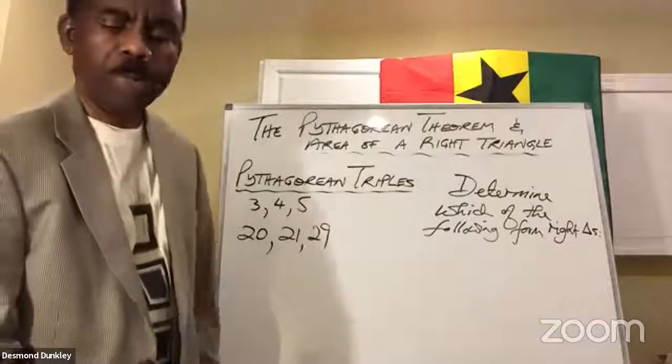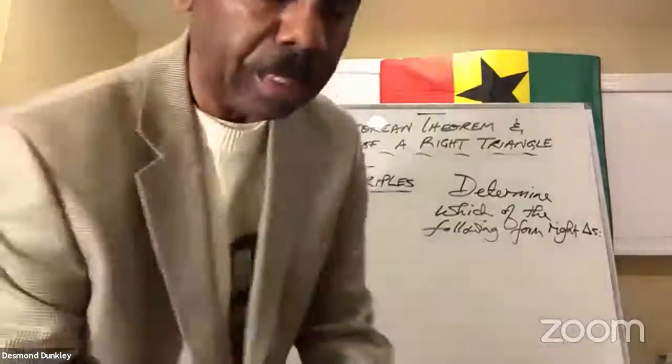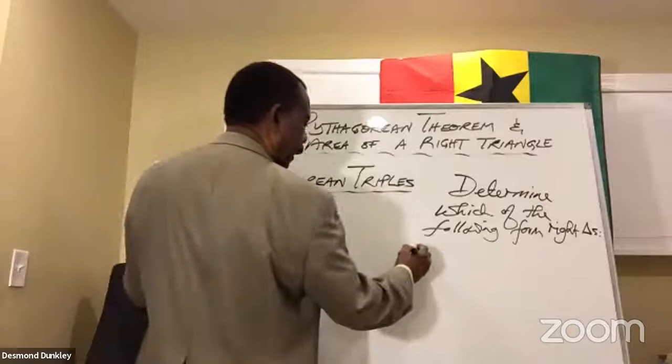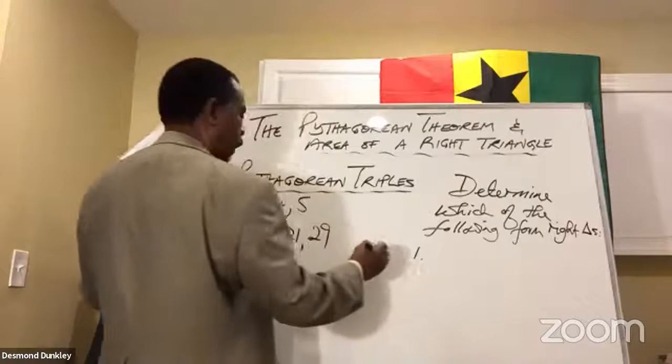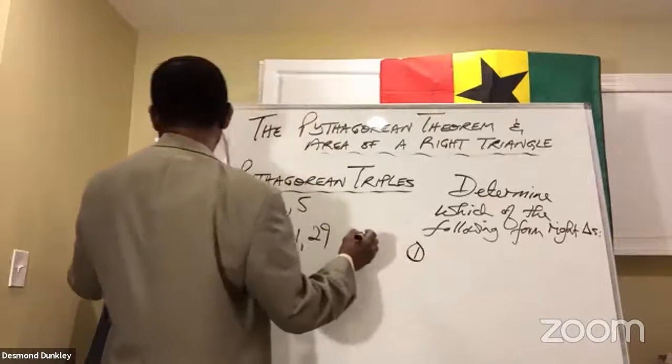Determine which of the following form right triangles. And I'll give you a set.